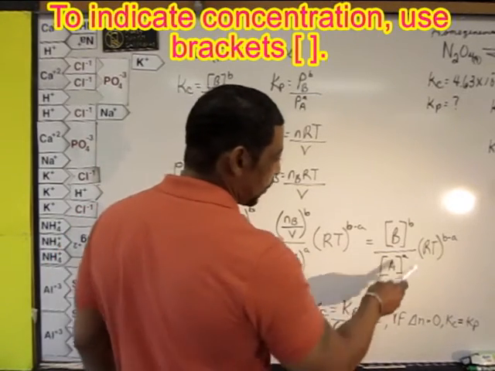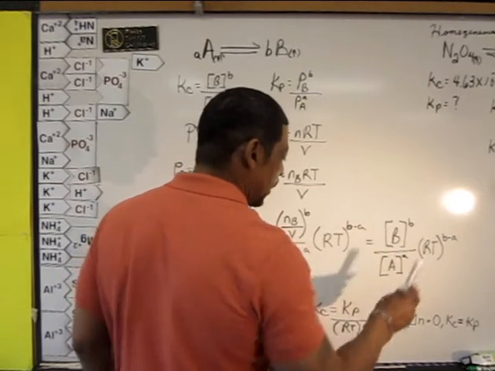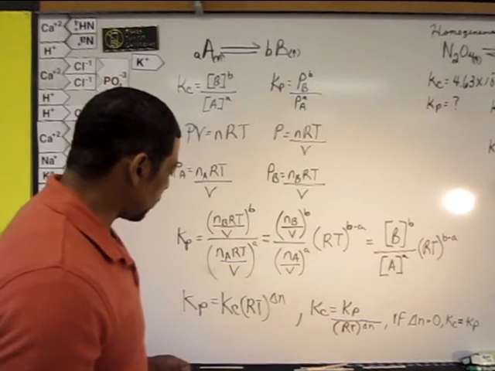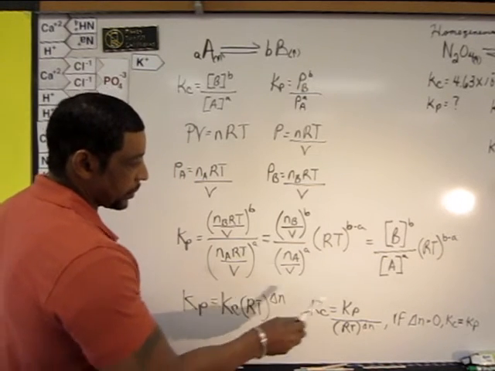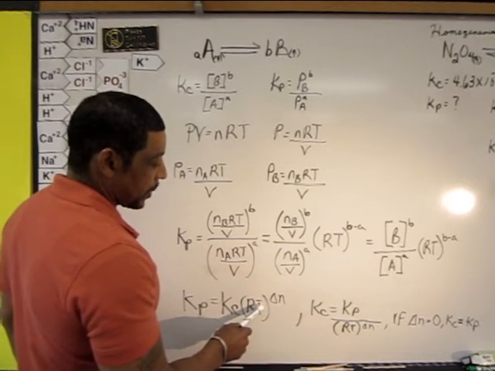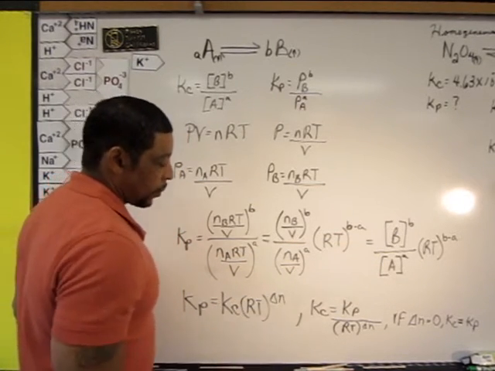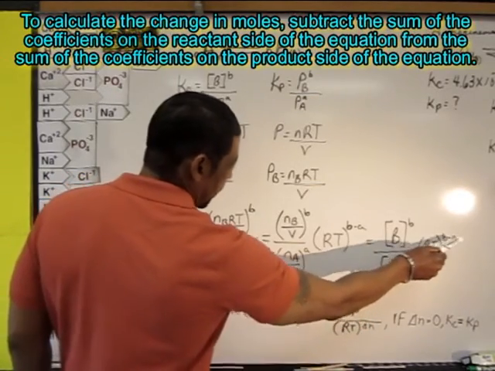And of course then multiplying by RT raised to the b minus a power. The expression may now be simplified, where Kp is actually equal to Kc times RT raised to the delta n, where delta n represents the change in moles, b minus a.